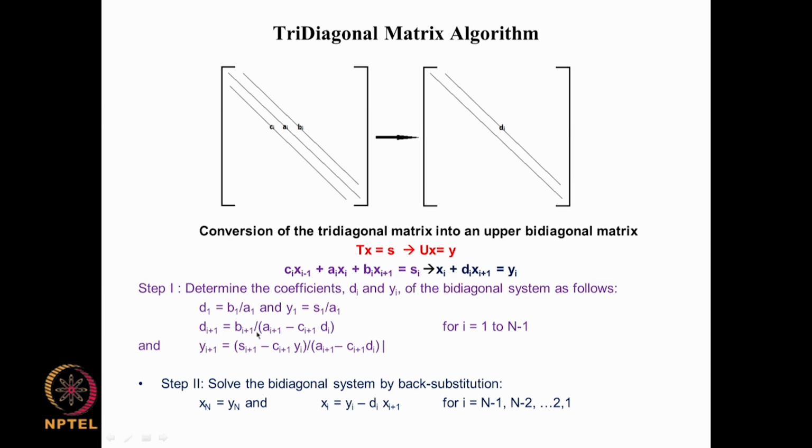If you look at this, for i equal to 1 you get d2 equal to b2, which is known, divided by a2 minus c2 times d1, where d1 is already evaluated.